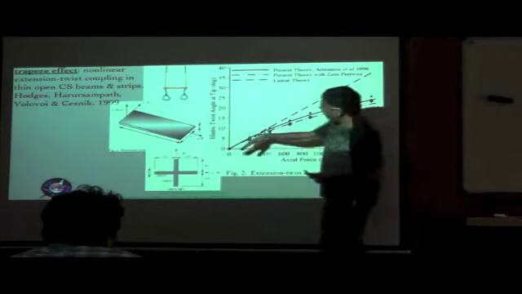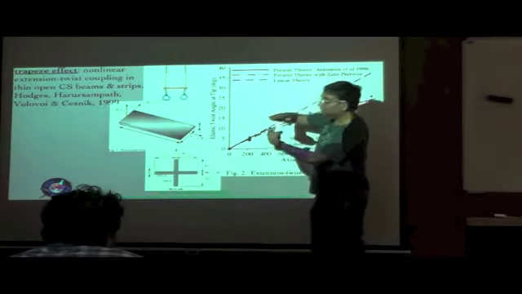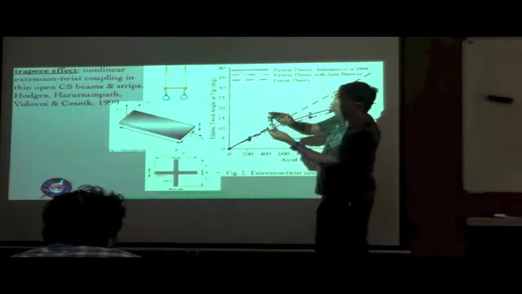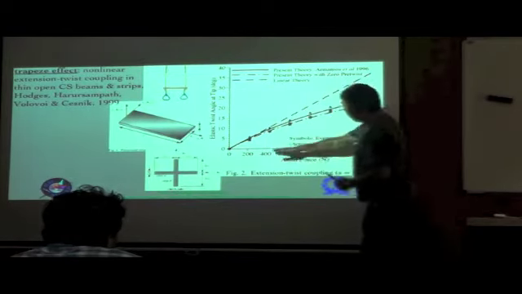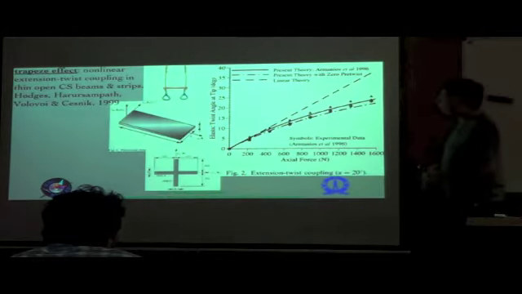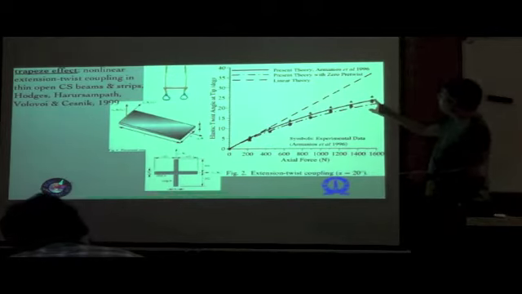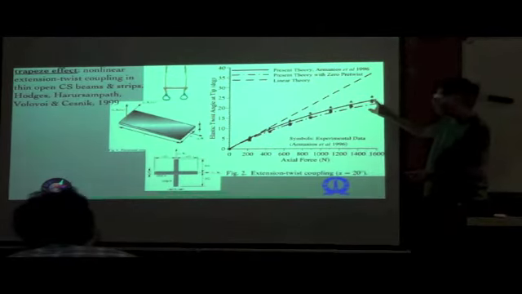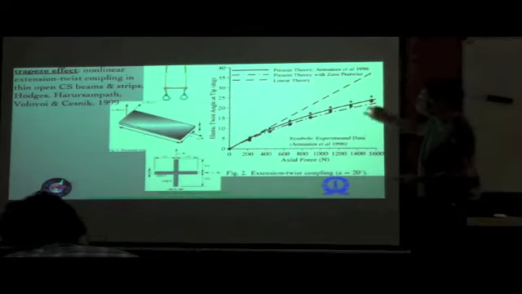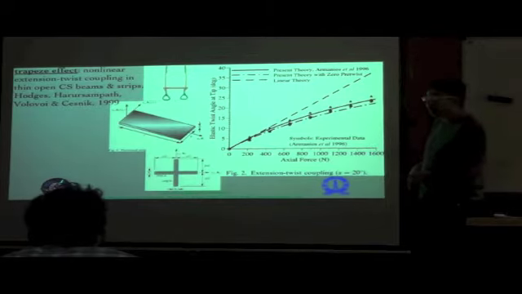So we are plotting that elastic twist angle at the tip, that is, of one end with respect to the other, versus the axial force, and you see that this is the actual behavior, which agrees pretty well with the experimental result.